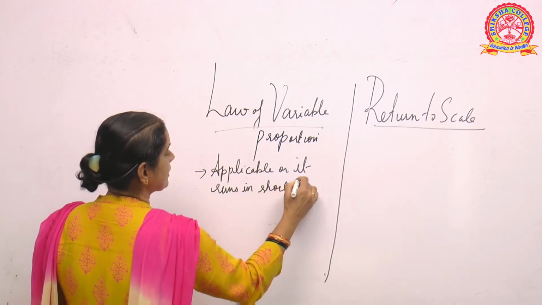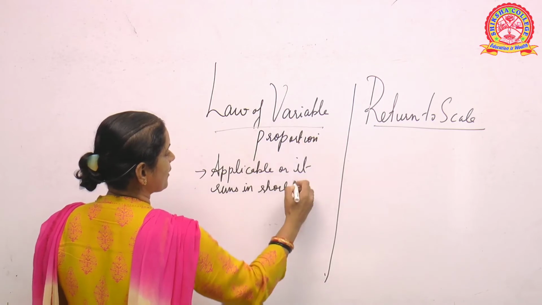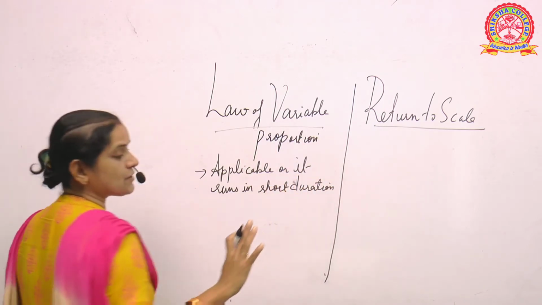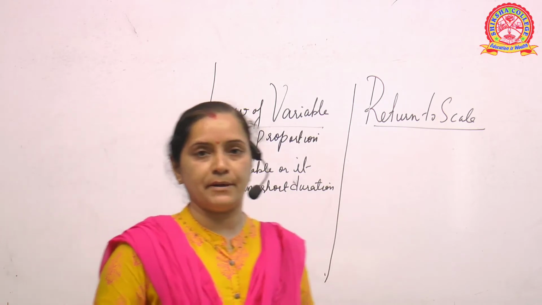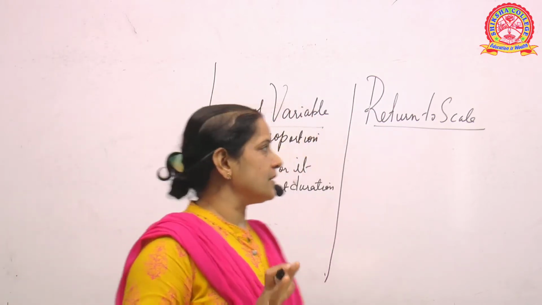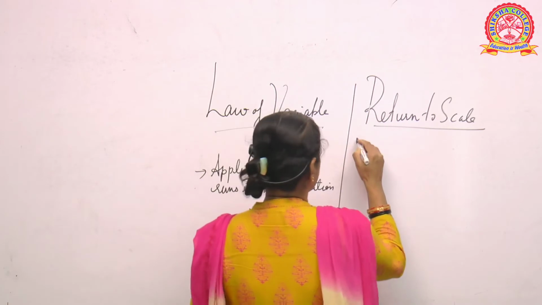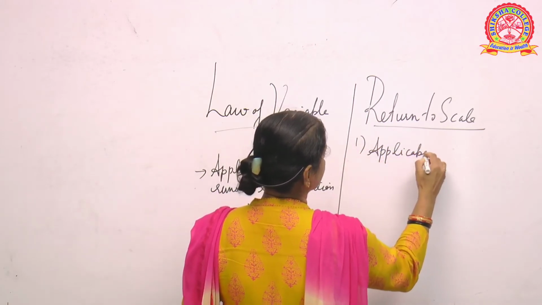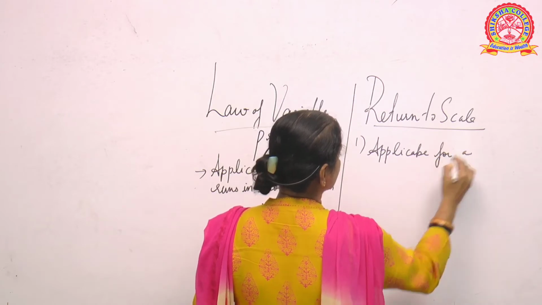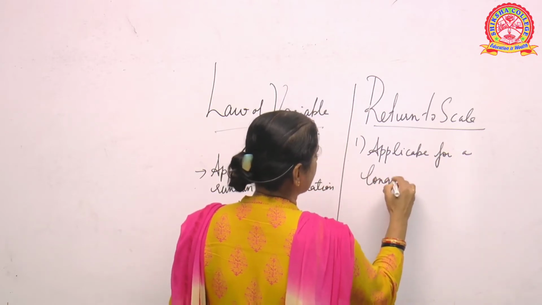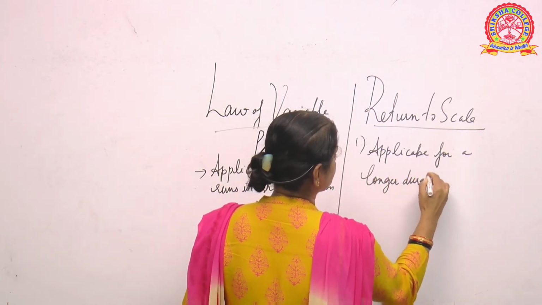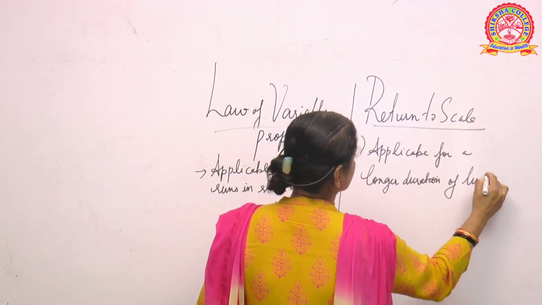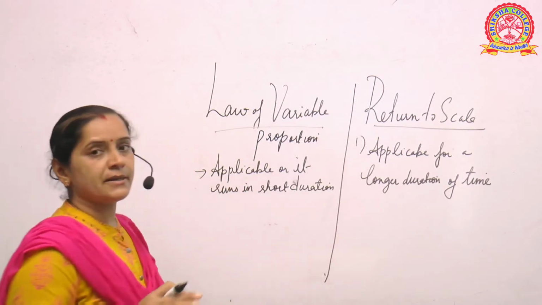That means when we are talking about the law of variable proportion, we are considering a short time period, not a long time period. Whereas when we are talking of returns to scale, it is applicable for a longer duration of time. Are you getting my point? So this is the difference.